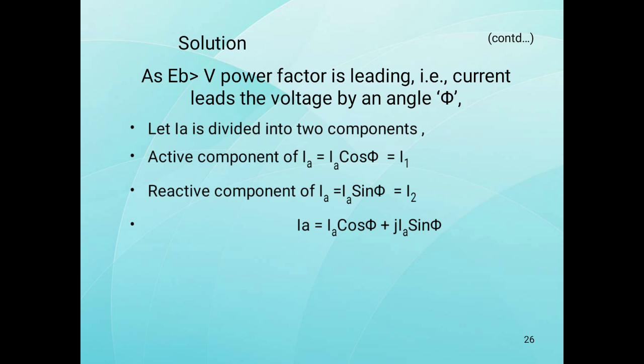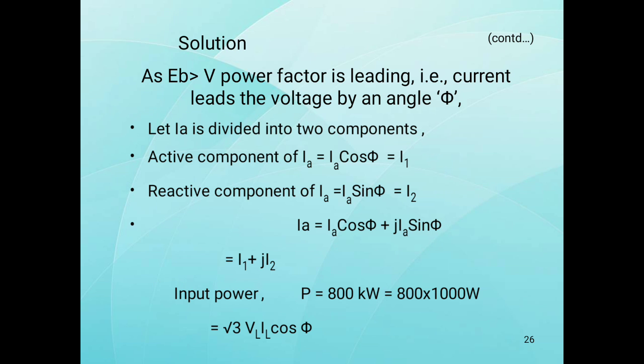Now this IA is IA cos phi plus j into IA sin phi, that is I1 plus jI2. So input power P is equal to 800 kilowatts, that is 800 into 1000 watts. Now the power is equal to root 3 VL IL cos phi, that is input power.